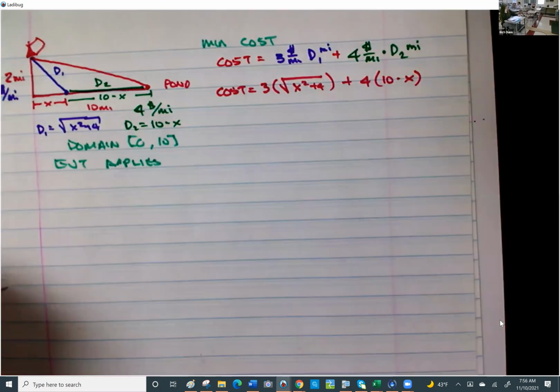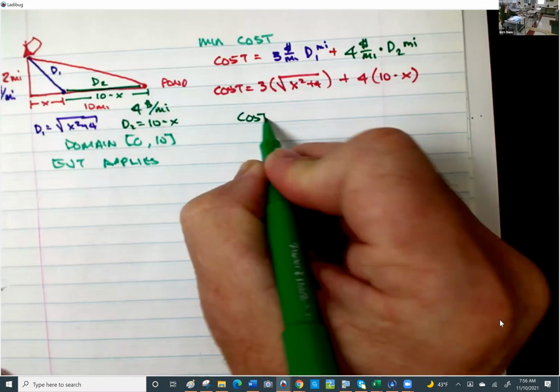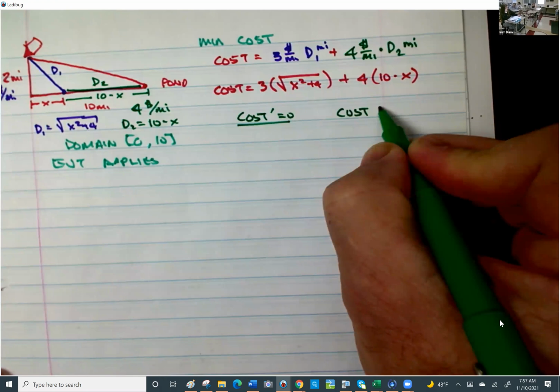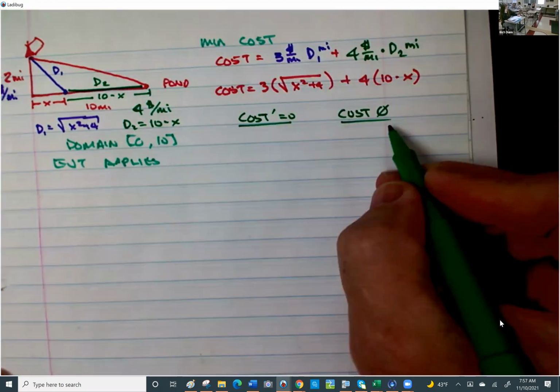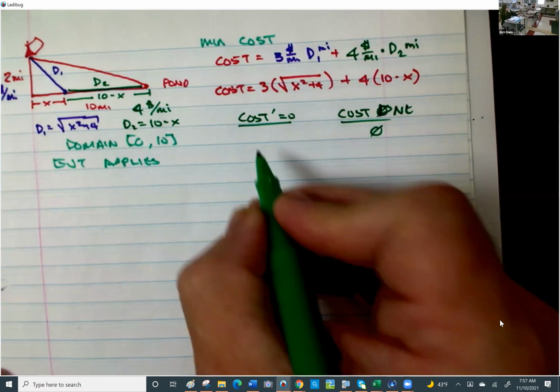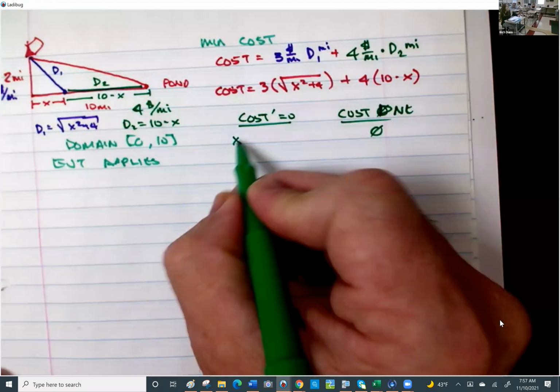We would go in here and do the cost prime equaling 0. Cost prime does not exist. Oops, got that in the wrong space. Does not exist, and so on. This would be when x equals some number.